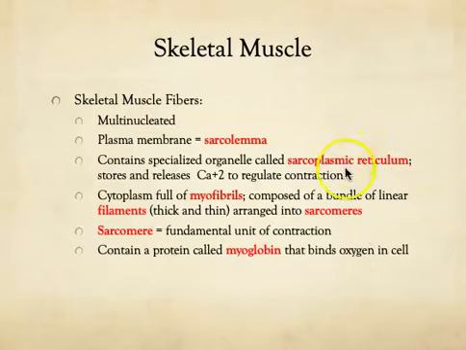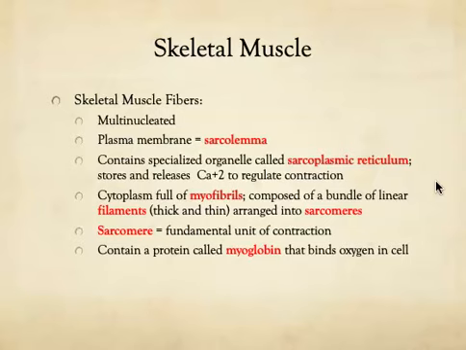This is another reticulum similar to the endoplasmic reticulum that we talked about. Remember, we said that the term reticulum means net or mesh. So the sarcoplasmic reticulum is also going to have that net-like structure.